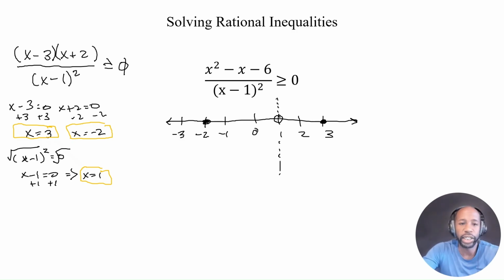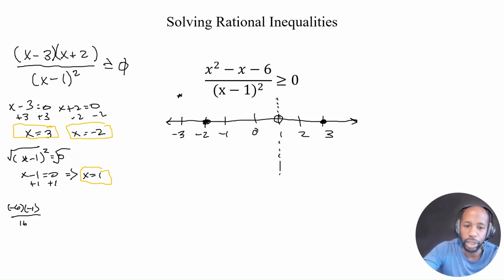So let's test negative 3, which is in this region here. So I'm going to use my space a little bit more here elsewhere. So negative 3 minus 3 is going to be negative 6. And then negative 3 plus 2 is negative 1. And then negative 3 minus 1 is negative 4 squared is 16.